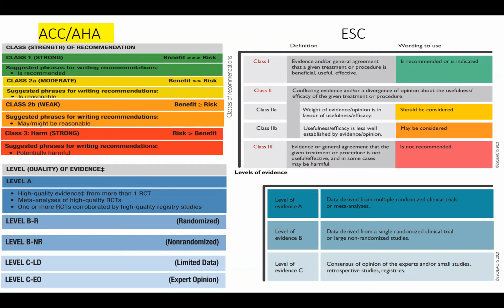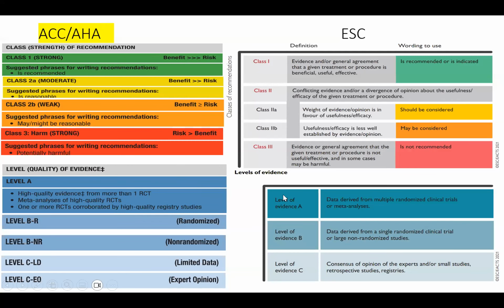Class 2B means there's some benefit, there's some risk, but it appears there might be more benefit than risk, or maybe about the same. So it may be considered, probably if a patient is not able to get the other treatments or is not a good candidate for the better recommendations. And of course, class 3 means don't do it. It may be harmful and it's not recommended.